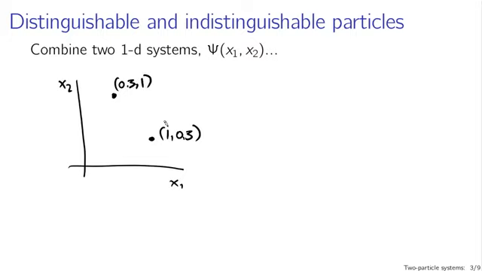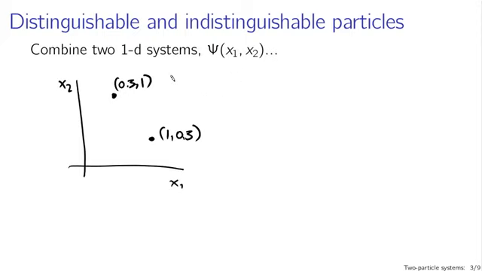What I mean by whether the particles are indistinguishable or distinguishable is whether these two outcomes, (0.3, 1) or (1, 0.3), are actually distinct. If I was measuring this in a two-dimensional space, these points would, of course, be very distinct. But I don't actually have a two-dimensional space. I have a one-dimensional space with two particles in it.